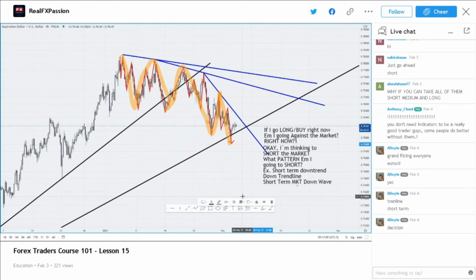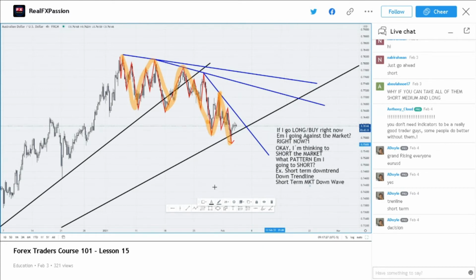DMW, short the blue. Okay, short the blue. Which one? The aggressive one or the long term? The long term, the medium term, or the short term? Which one do you want to short? Beginner traders, which one, DMW, which one do you want to short?